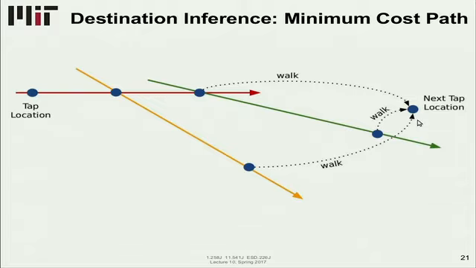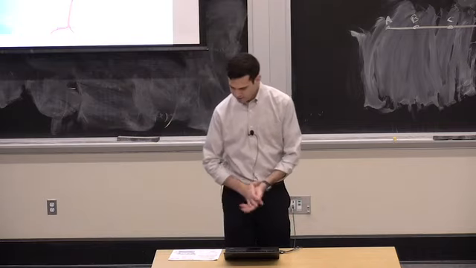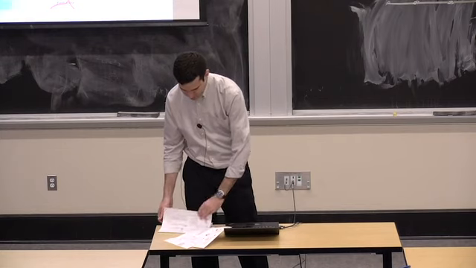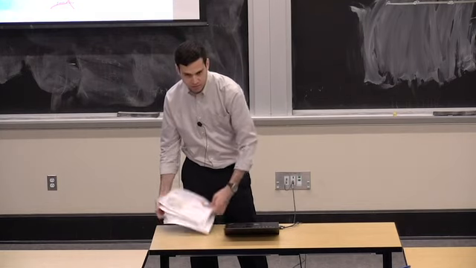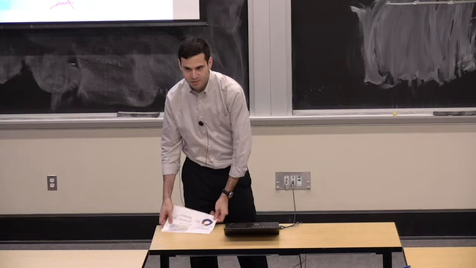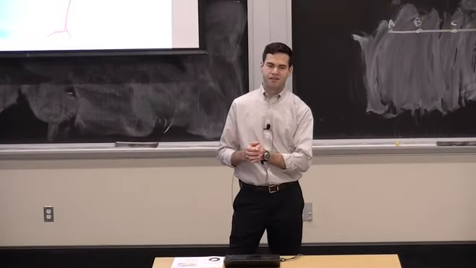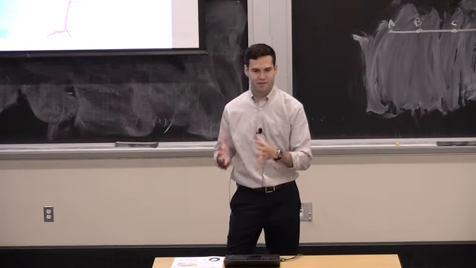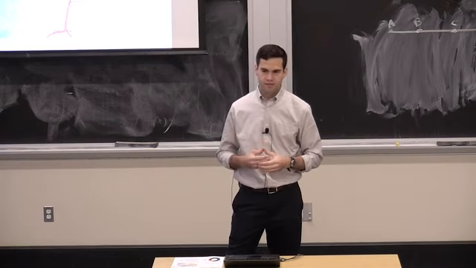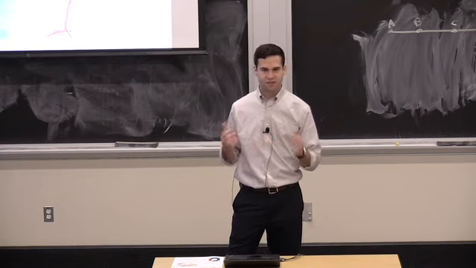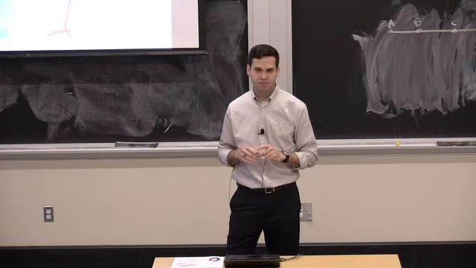They're not included. So what happens if we compare the two methods? What's your intuition, or what do you think happens if we compare the results of nearest node with this more sophisticated method? What percentage of destinations do you think will be inferred at a different place?